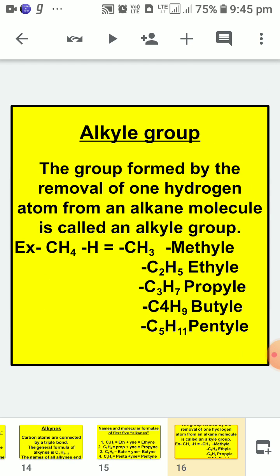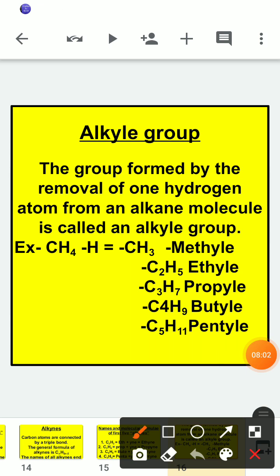Now the alkyl group. The alkyl group is the group which is formed by removal of one hydrogen atom from an alkane molecule, and you can see this example here. We take the alkane methane and subtract one hydrogen atom from it.